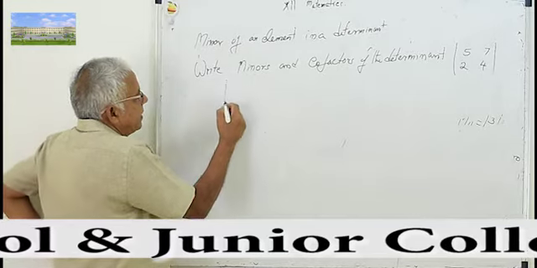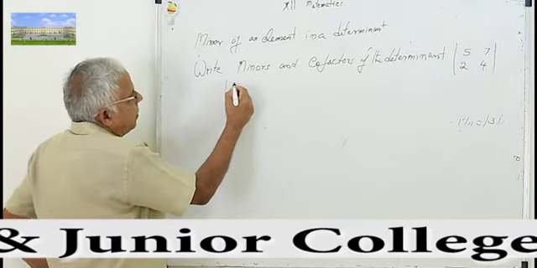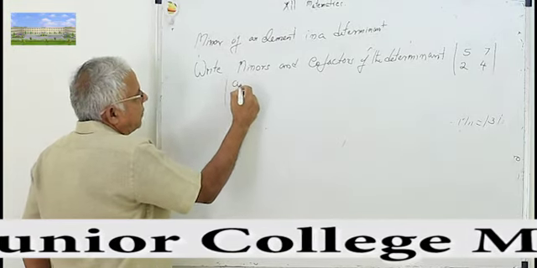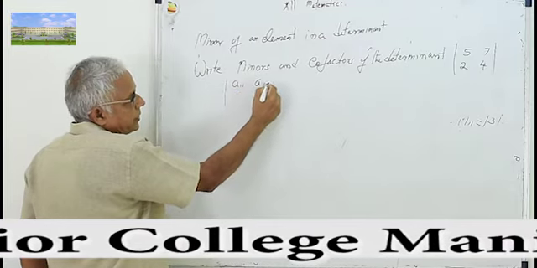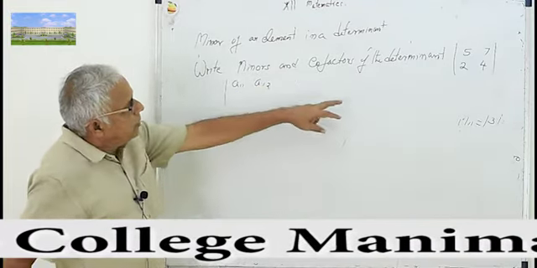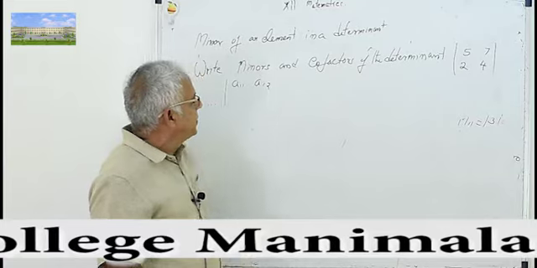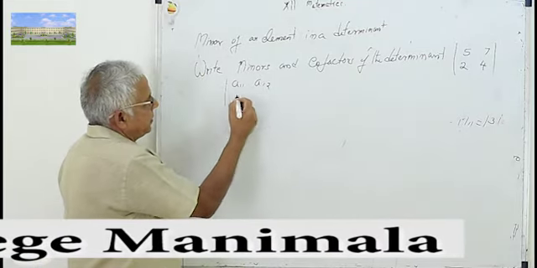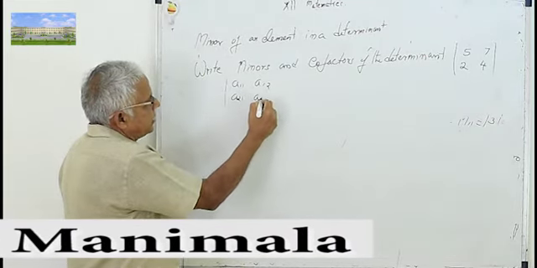Here, this is the determinant of order 2 by 2: A11, A12, A21, A22.